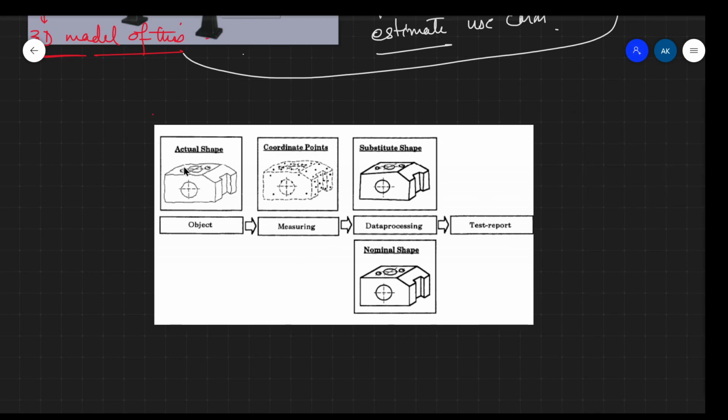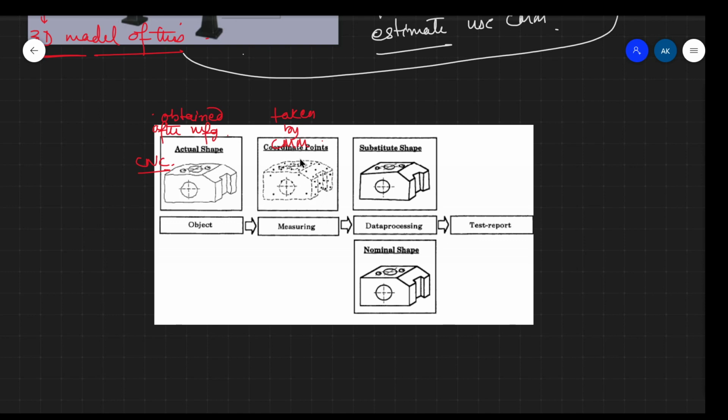This is your actual shape, meaning the shape obtained after manufacturing. This manufacturing can be by milling, drilling, let us say CNC completely. These coordinate points are taken by the CMM, this polka dot type of thing.